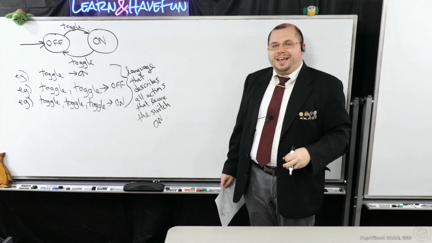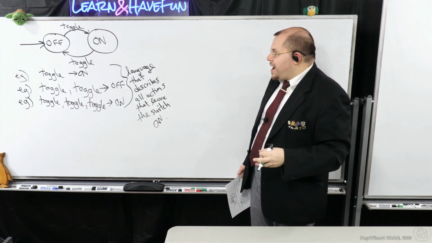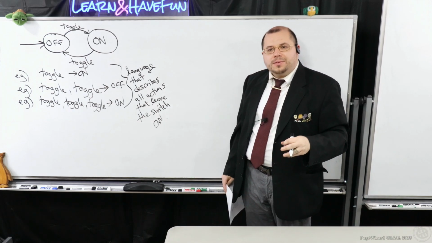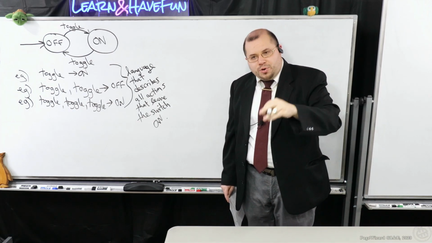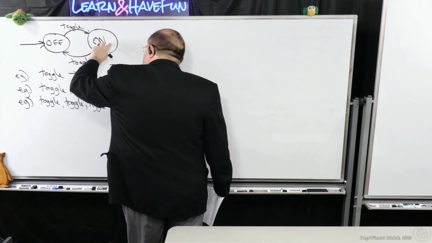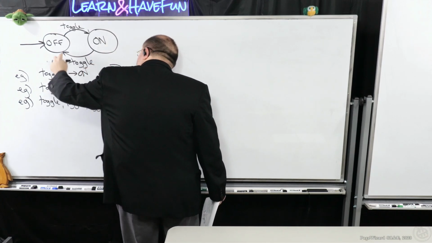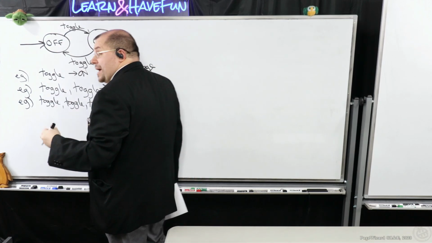So do you see that if I were to try to answer that question, every time I press the toggle an odd number of times, notice if I press it once, it gets me on. If I go 2 times, 3 times, it goes back on. 4 times, 5 times, it goes back on.